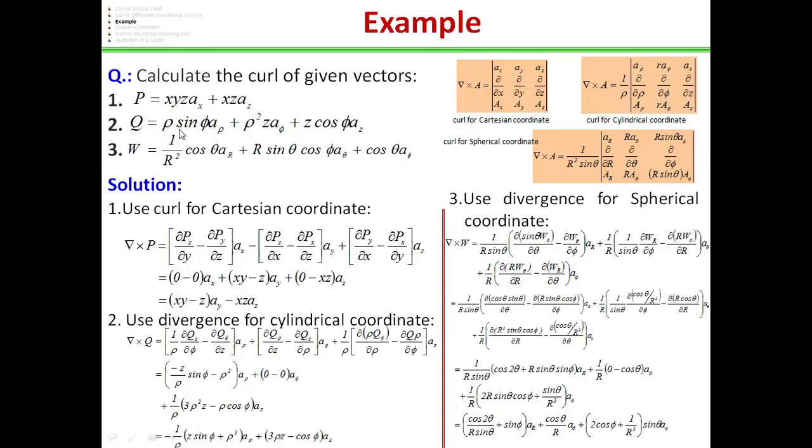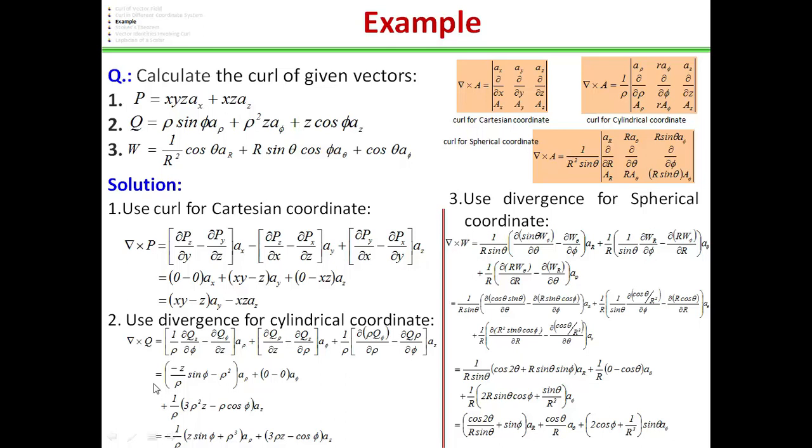Q. From the given vector, we can find the value of the magnitude components of rho, phi and z. After putting the values of Q rho, Q phi and Q z and differentiating with respect to rho, phi and z, we can have the final curl of Q in this form.